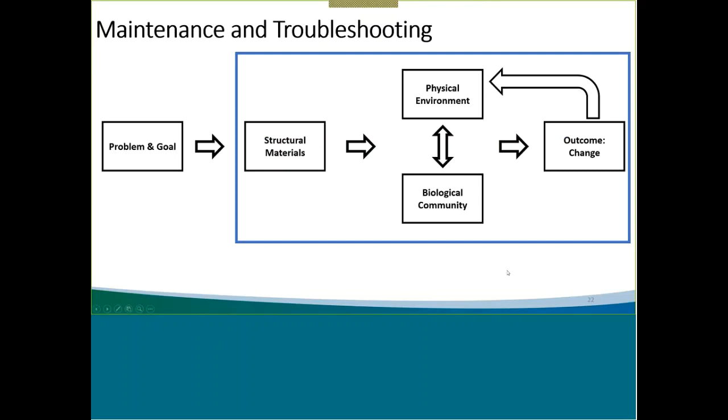Or maybe unexpected changes in these feedbacks here. So when you're talking about maintenance and troubleshooting, you're either going to start altering structural materials, or you're going to let some biology go or try to facilitate some biology in a place where it wasn't before. So we're really focused on this part of the model here with maintenance and troubleshooting.